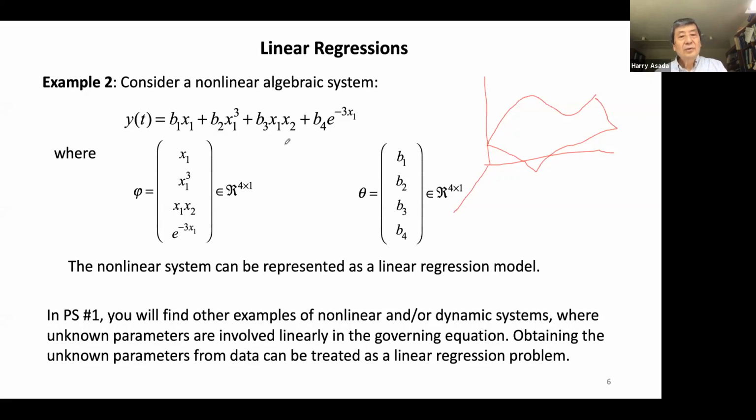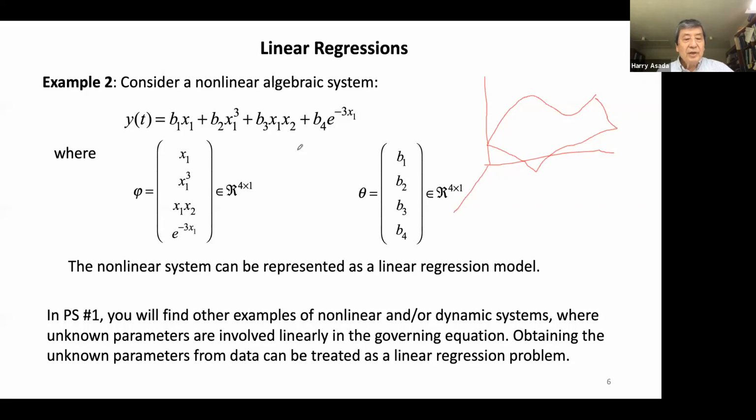To highlight this, let's define the regressor to be x1, x1 cubed, x1 x2, and exponential of minus 3 x1, putting them in this four-dimensional vector. Then the parameters B1 to B4, just the inner product between the two, gives you this y(t). So given many data of x1, x2, and y, we can find the best fit parameter values of B1 to B4, the same problem.